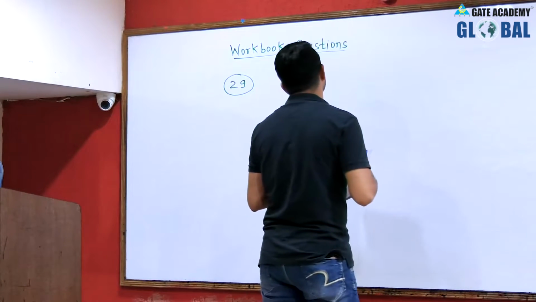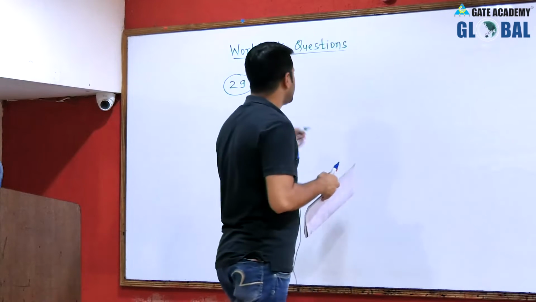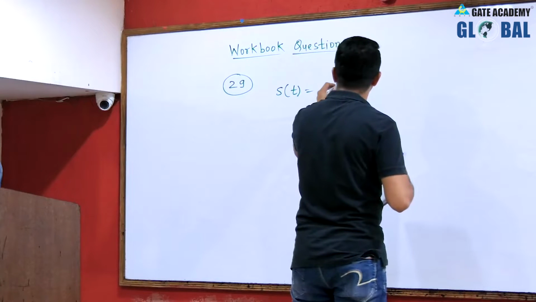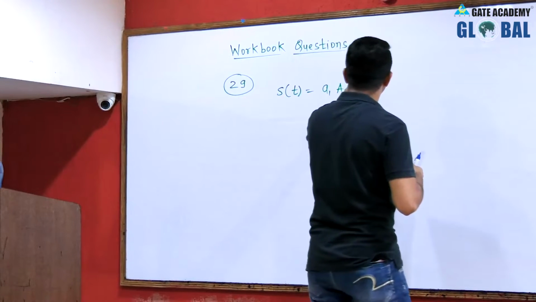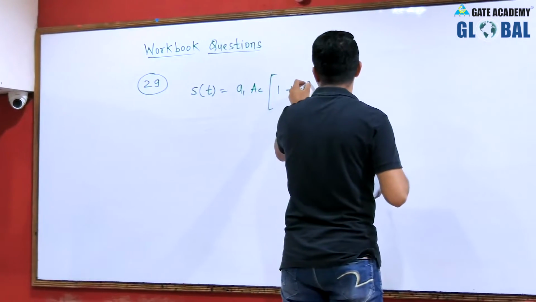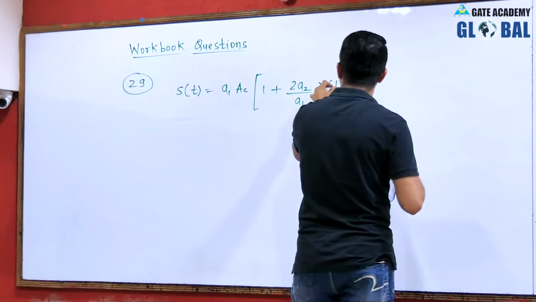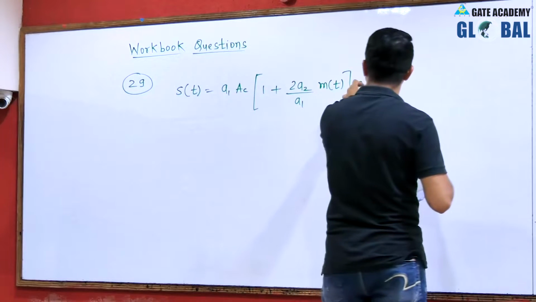and when we pass it through the square law modulator, the expression is given in the form A1 Ac [1 + (2 A2 / A1) m(t)] cos omega_c t.